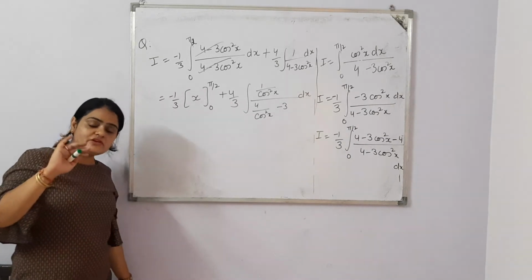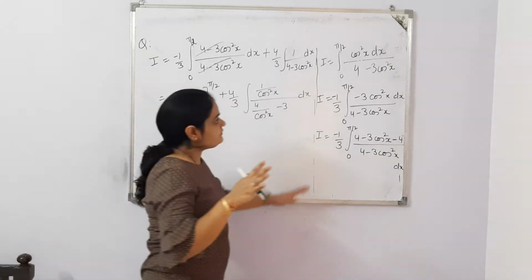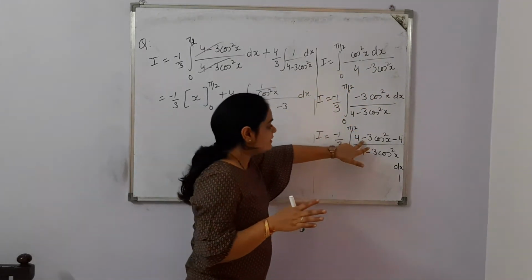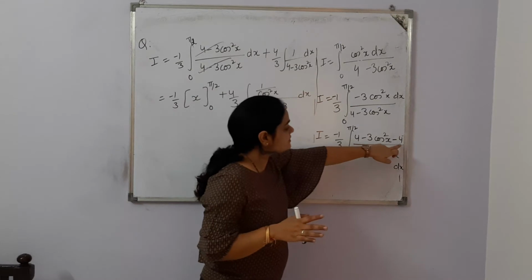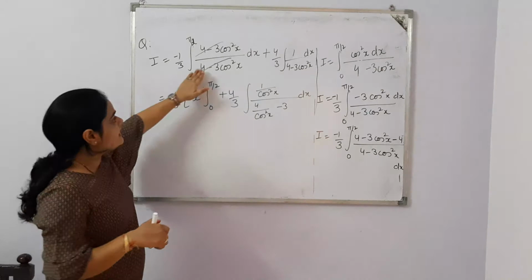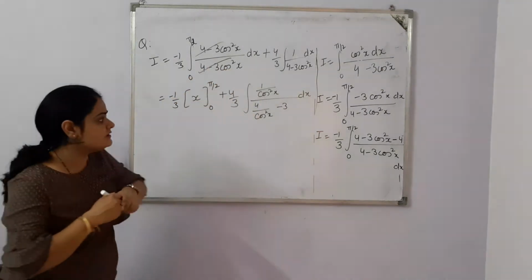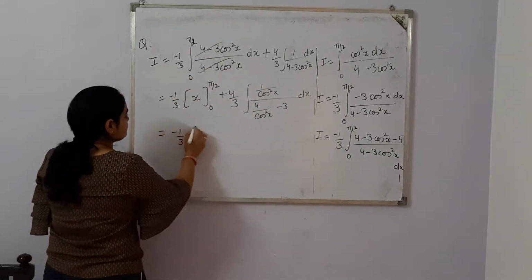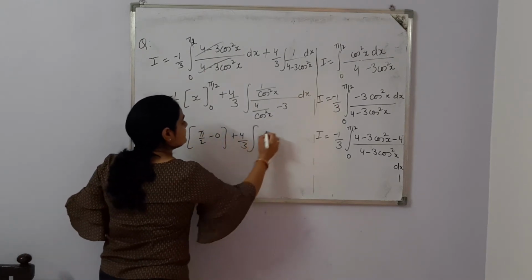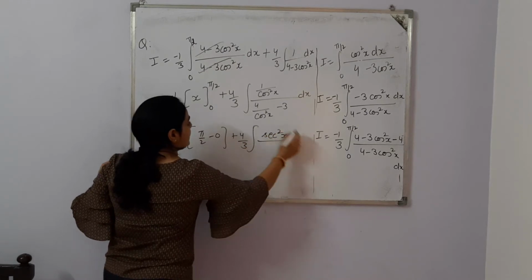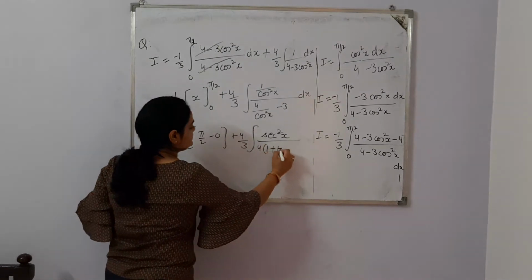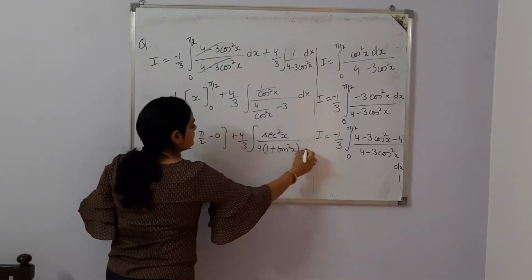So what you observed is that instead of dividing numerator and denominator by cos square, you have to make the numerator 4 minus 3 cos square x minus 4. That means we need to make the denominator's function, and after segregating we are reaching this very step. So it is pi by 2 minus 0 plus 4 by 3. It is secant square x and 4 secant square x. Can I write secant square as 1 plus tan square x, minus 3.